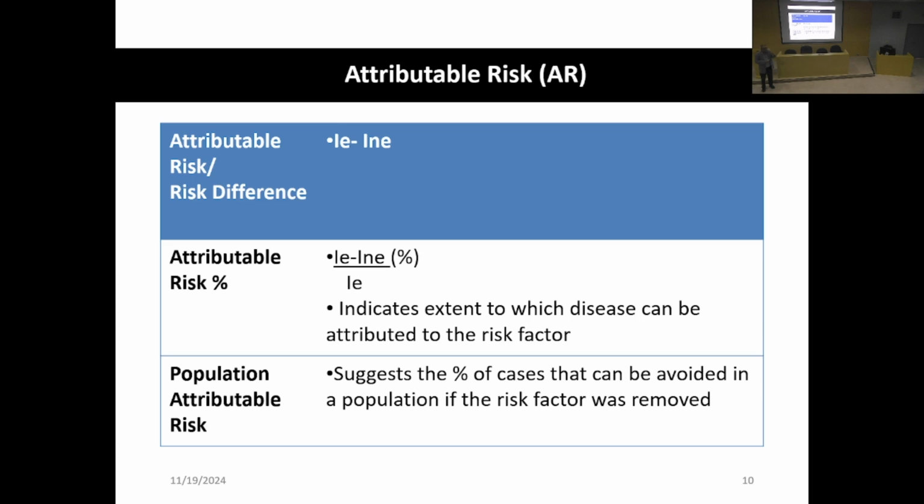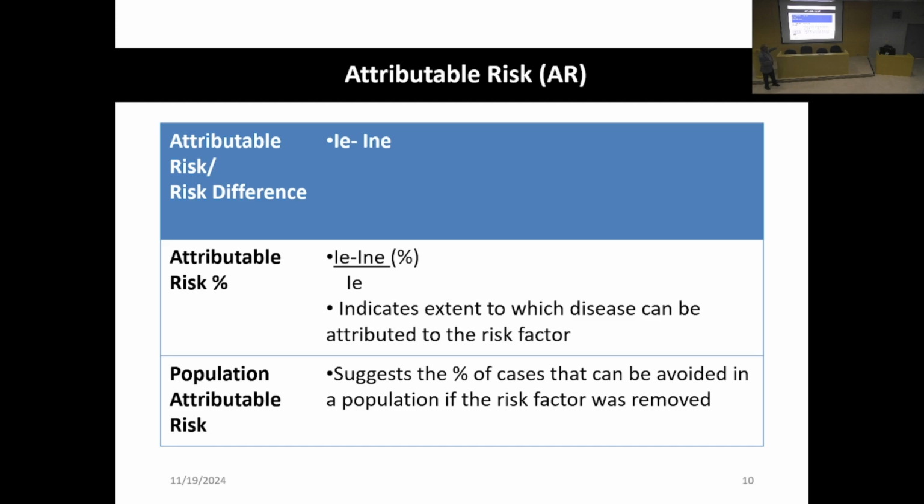On the contrary, we are not counting the number of cases caused by other factors. We have just the number of cases caused by this factor, because we have the incidence among exposed minus the incidence among non-exposed. Right or not? The incidence among non-exposed are the cases that are caused by other risk factors.